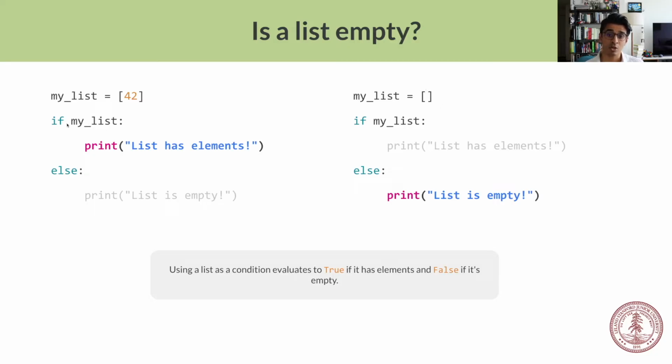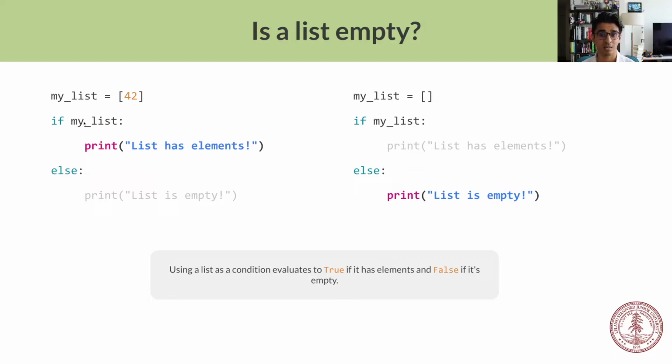And so you'll notice what I'm doing over here is something a little bit strange. I'm just saying if my list. Usually what we do in if statements is we have a boolean over here. We do something like if 42 in my list. But it turns out you can use lists themselves as conditions. This is a little odd to look at, but essentially it's saying, is this list empty or does it have elements?